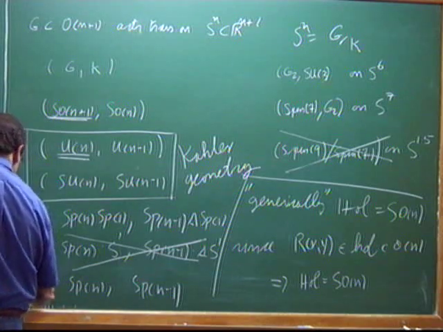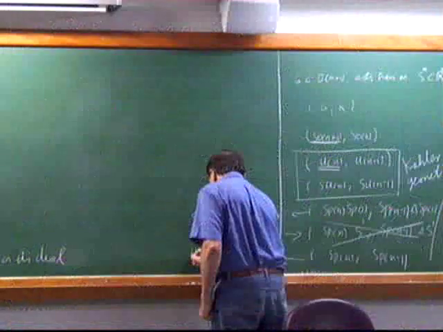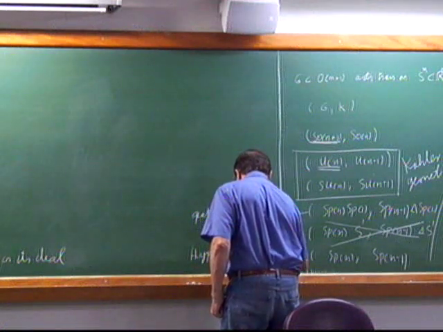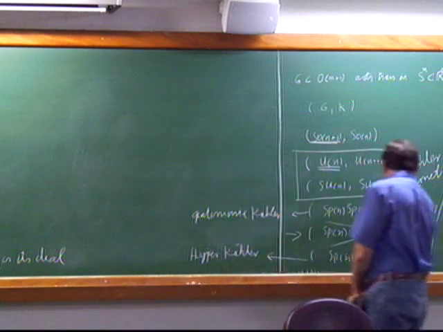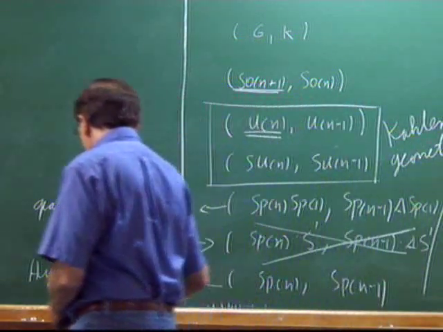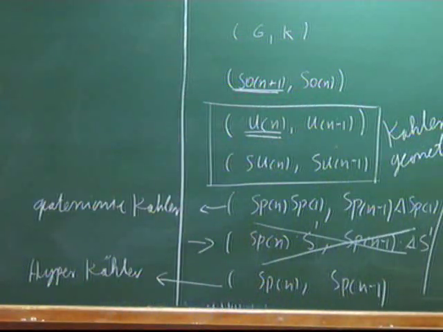And this here is called hyperkähler. And these are exceptional holonomy groups, which I may get to in the end. Okay, so Kähler geometry, let me explain or remind you what it is.